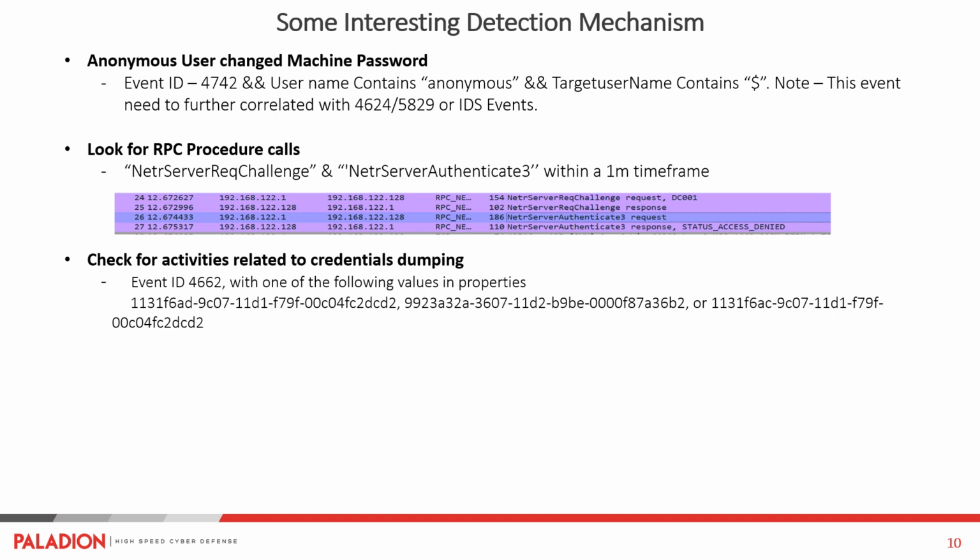Look for 4662, which is typically observed when there's a change in an Active Directory object. Even if he is doing credential dumping, the user through which he is doing it should also have those replication access events and so on. Look for those combinations of events, which should help, or at least give us an understanding of a possible attempt of this attack.